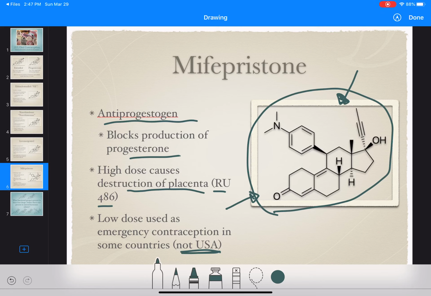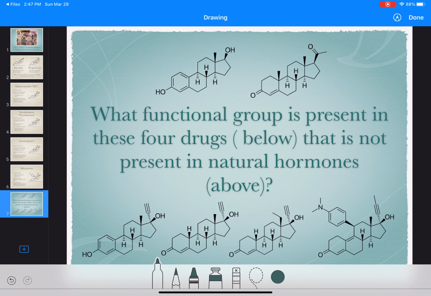So if you flip through and look at all of the structures of all of the natural and synthetic female sex hormones, you'll see that they do all contain this similar ring structure. So they all have this kind of base to them, which we're going to come back to and talk about later on in the quarter. But one thing that you'll notice is that all of the synthetic female sex hormones have something in common that is unique, different from the natural female sex hormones.